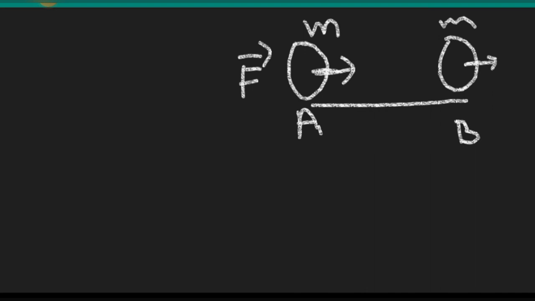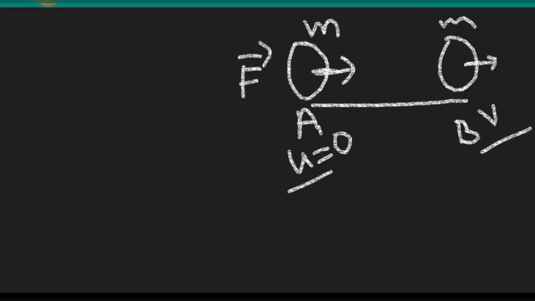Only the velocity of the body will change. Suppose at position A its velocity was 0, the initial velocity u, and at position B its velocity is v. So the body has gone through the change from position A to position B and from velocity u to velocity v.